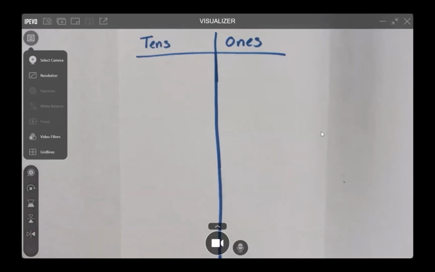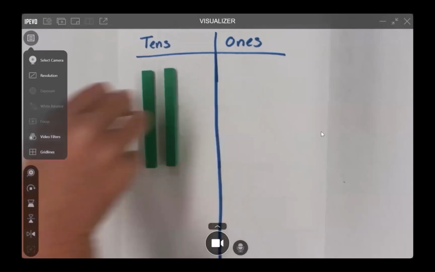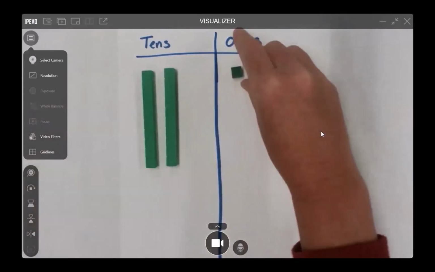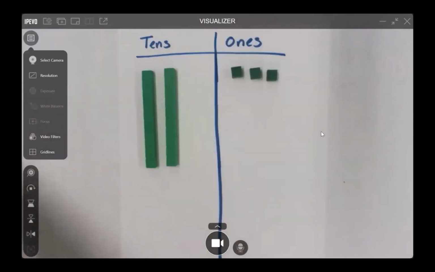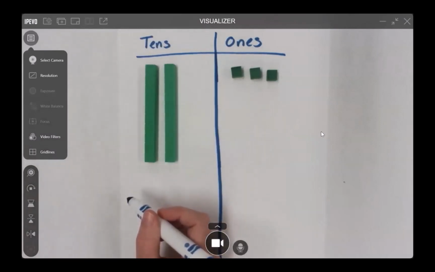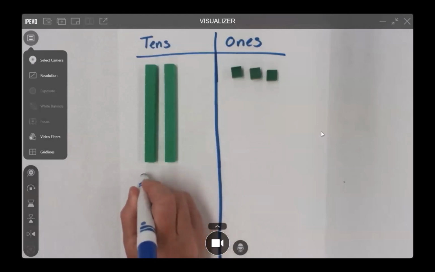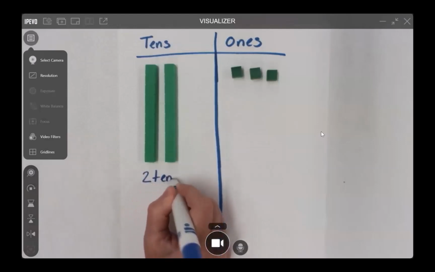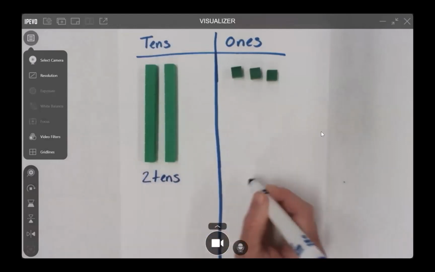I know that I can model the number 23 with 2 10s and 3 1s. I know that this shows 2 10s and 3 1s.